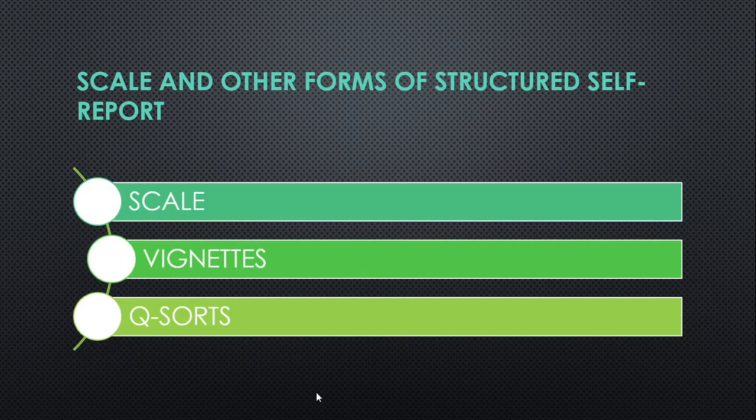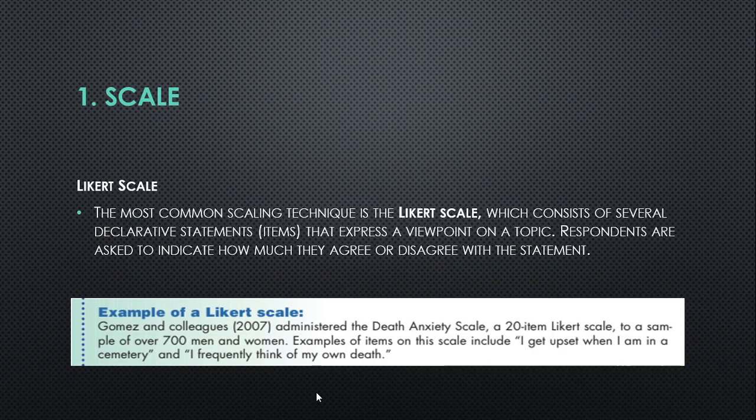So, scales and other forms of structured self-report. We have the scale, the vignette, and the Q sorts. Several specific types of structured self-report are used by nurse researchers. This includes the following: the scale, the vignette, and the Q sorts.